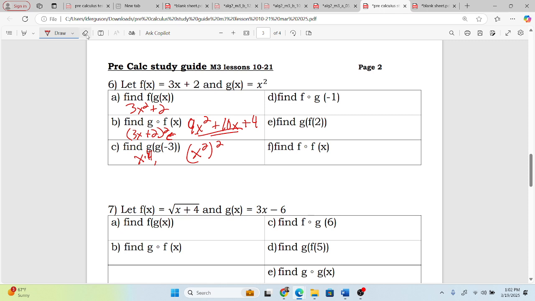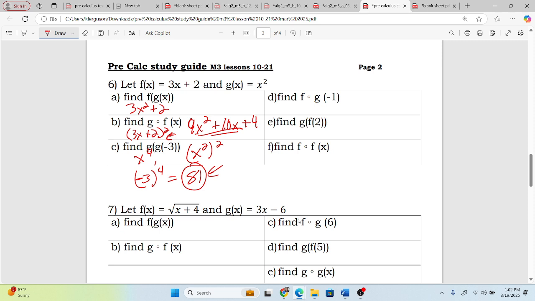Yeah, I would rather you put it as x to the fourth. But hold on though. There's an actual value, so I have to take that x to the fourth and put -3 in there. So -3 to the fourth power, that's a positive 81, and that would be my answer for C.